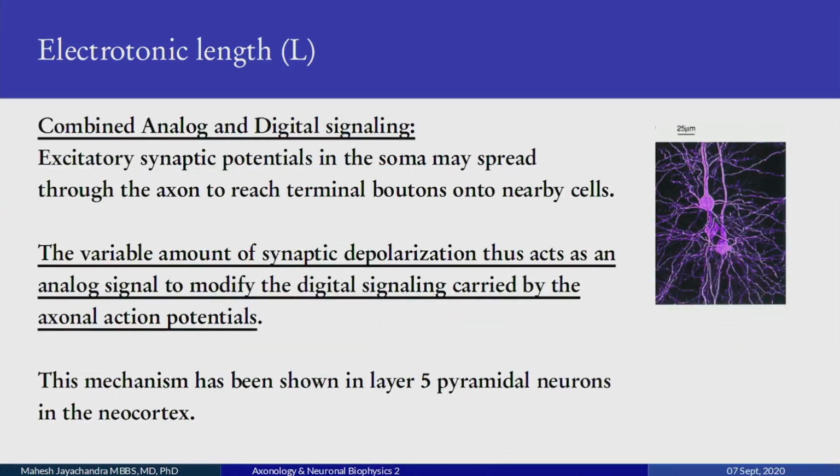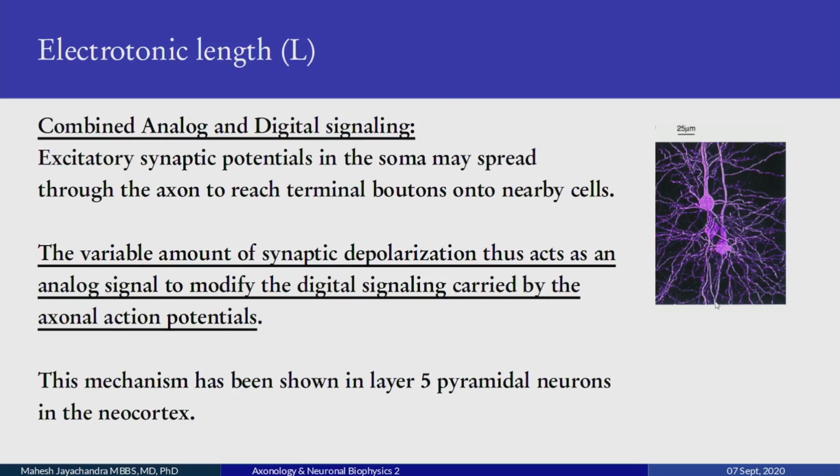So, putting all this together, we have combined analog and digital signaling in neurons. You have the pyramidal cells over here on the right, a couple of them, and you have their extensive dendritic branches, and from the base of these cells you have axons leading on to other cells, one over here, and there's one behind, actually 3 of them over there.